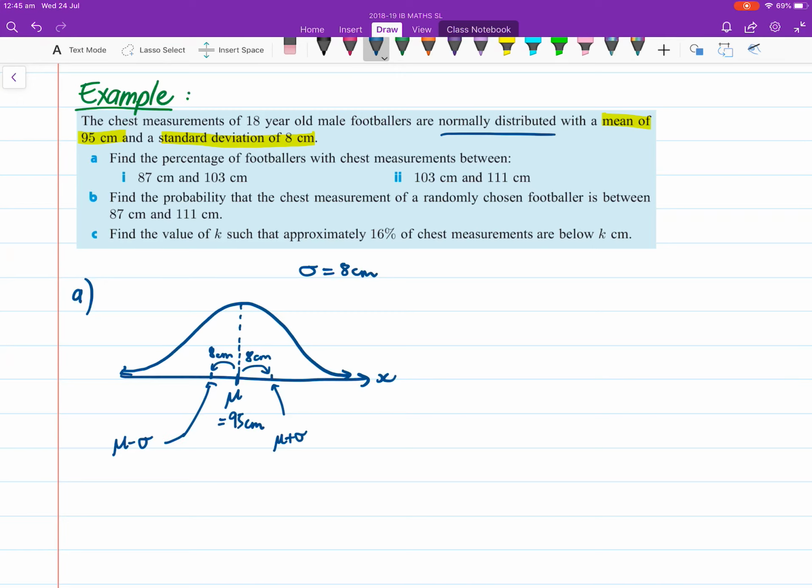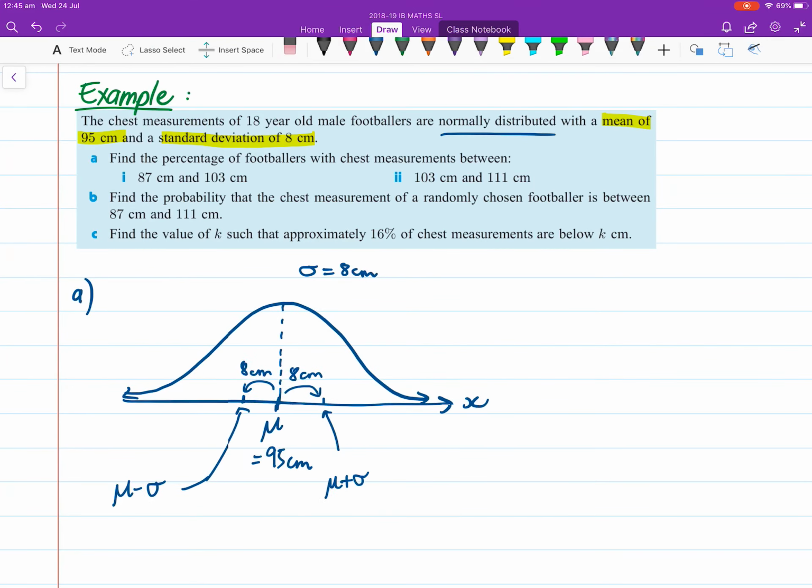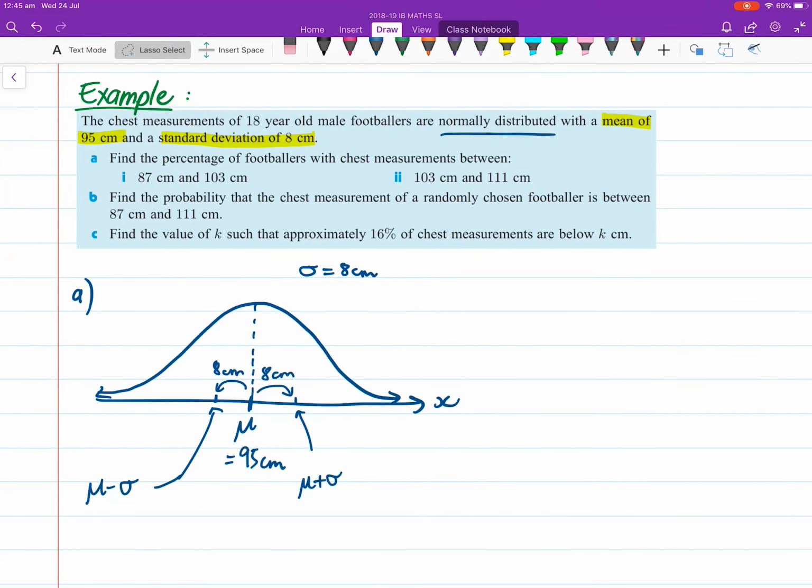Does that make sense? So what are those values actually? 95 plus 8 means we'll get 103 here, and 95 minus 8 is going to be 87 centimeters.